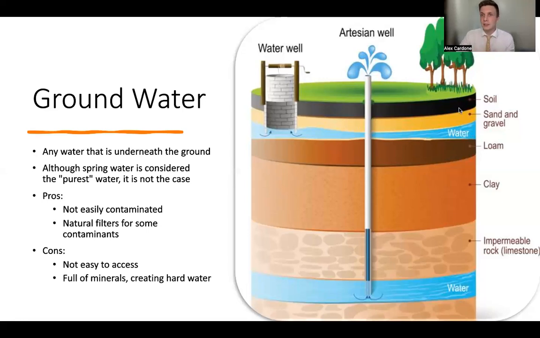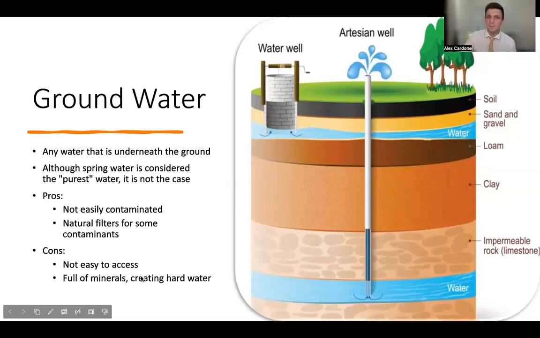But just know that a lot of these different things, sand and gravel, loam, clay, these various different substances, can act as a natural filter as the water is trickling down and trying to reach that groundwater or that water table. So if you're using groundwater, it's not very easily contaminated and it can contain some of those natural filters.